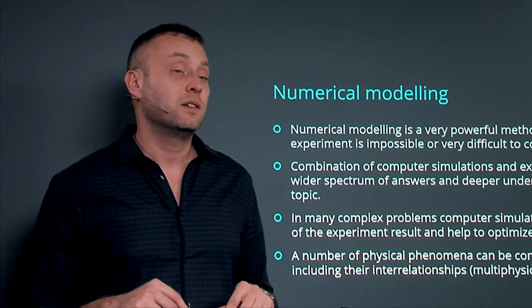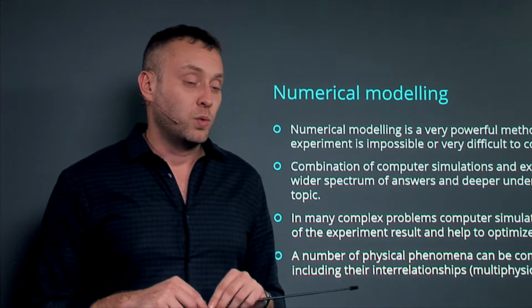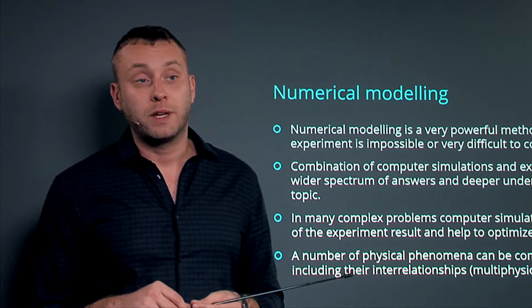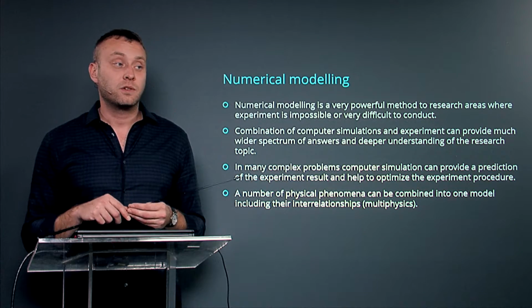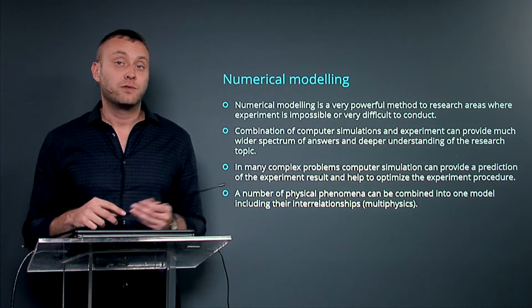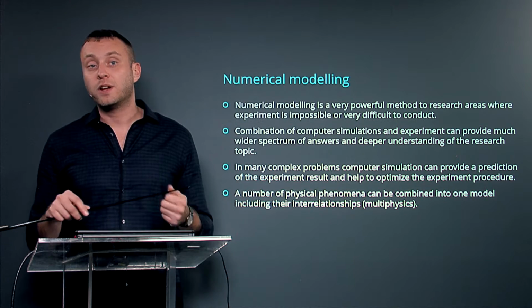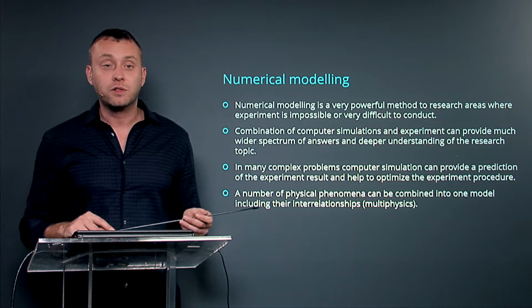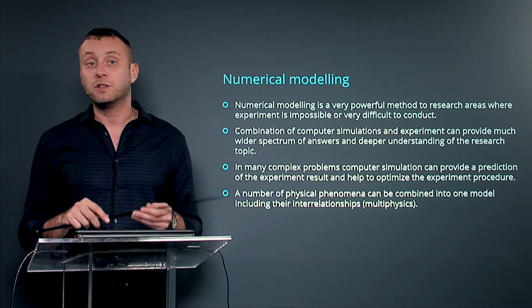For example, besides magnetic and electrical properties, we can add mechanical properties because, for example, temperature contraction and expansion are different for different materials. A stress can also affect the properties of the materials.